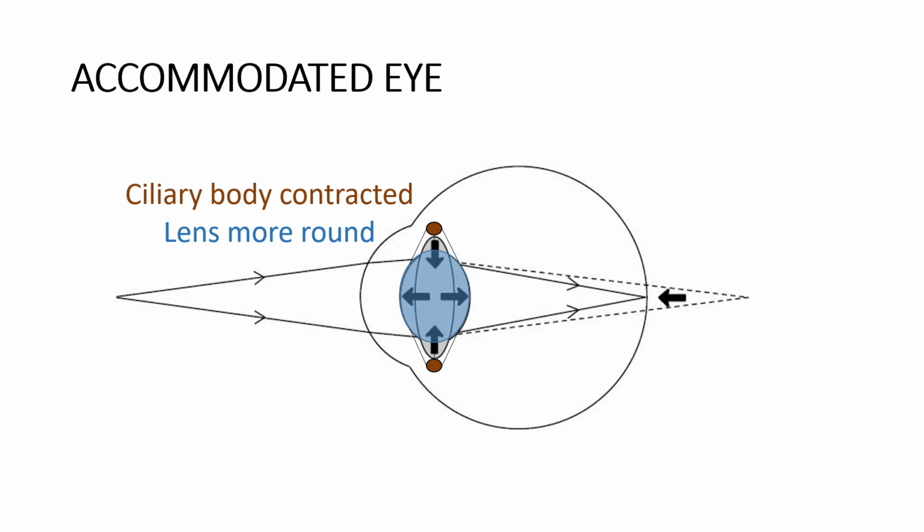But when the ciliary muscle contracts, the lens zonules over here and over there relax. So instead of the lens being pulled flat, it has a more rounded shape which increases its refractive power and then can focus light onto the retina.